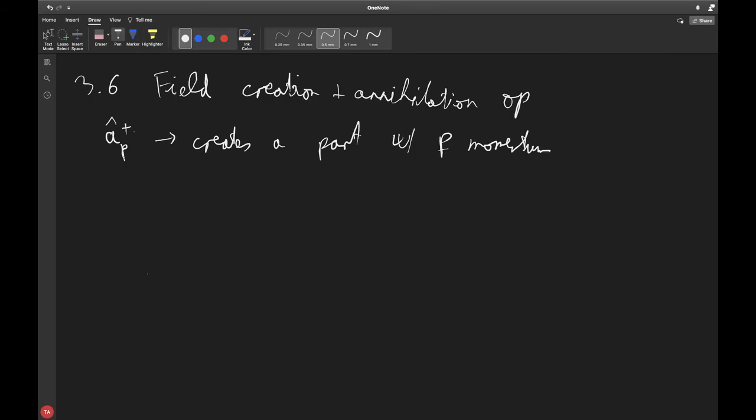So actually there is one more complication, that this p is a vector, so I could have the underlining there. And so the a of p, let's just call it a vector this time, is the one which destroys a particle with p momentum.